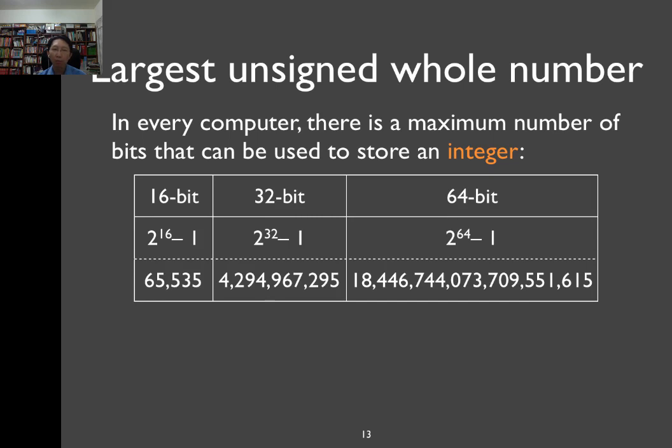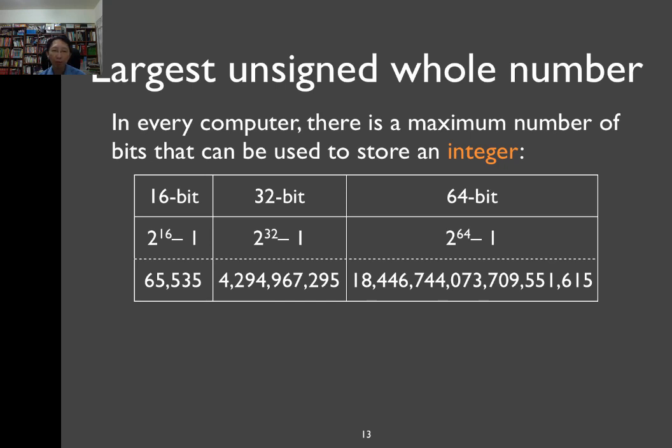For a 16-bit computer, or for a 16-bit system, the maximum number it can store is 2 to the 16th power minus 1. Because there are 16 bits, the leftmost bit is 2 to the 15th power. As mentioned before, to calculate the value, we take the weighting of the next bit and subtract 1. And this is 65,535.